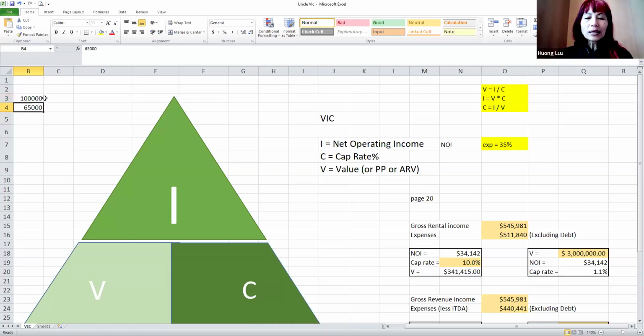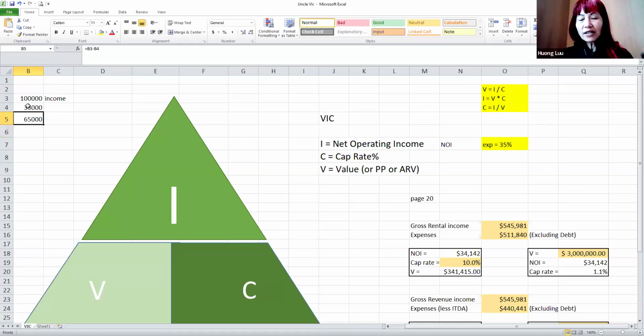Okay. So let's just say you don't know what the expenses are, or you're not exactly sure. Okay. So you have 100,000 as your income. Then if you just take away 35,000, because we're going to say it's 35,000 in expenses, then it's going to be your 100,000 minus your 35,000. Okay. So that's your 65,000 right there.